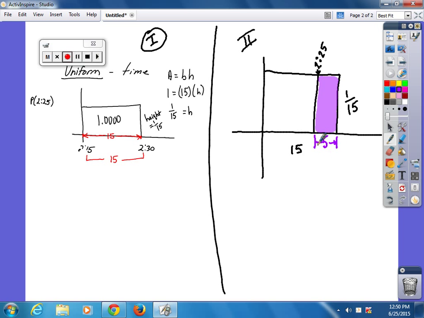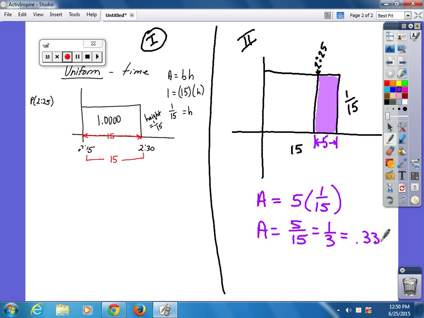If you don't believe me, take 230 minus 225, and what do you get? 5 minutes. So now the area of the purple area is equal to 5 times 1 over 15. Area is equal to 5 over 15, which is 1/3, right? Which is 0.333, repeating.